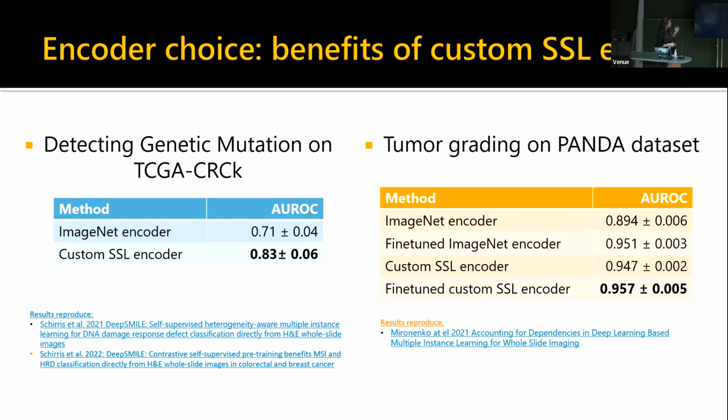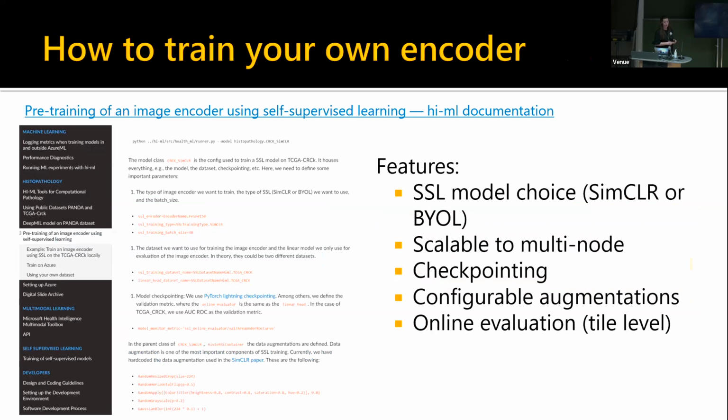For the two use cases we were looking at, we can see the difference when we use the encoder that has been trained on the same dataset. The improvement in performance is particularly evident in the case where we don't want to fine-tune. So this is why I think you should really look into this part of the package.